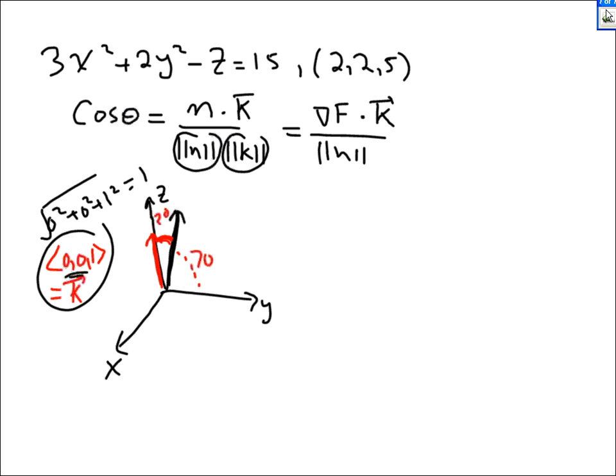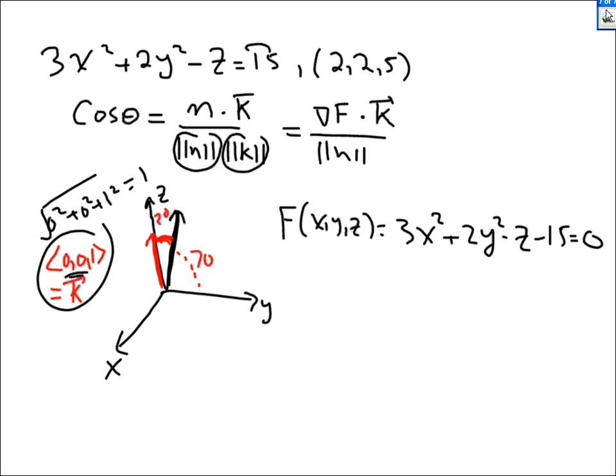Okay. So the next thing we have to do is define what f is. Just bring the 15 over. F of x, y, z is 3x squared plus 2y squared minus z, take away 15, is 0. So the gradient of f is, again, there's only one term that has x. Its partial is 6x. Only one term that has y, positive 4y.